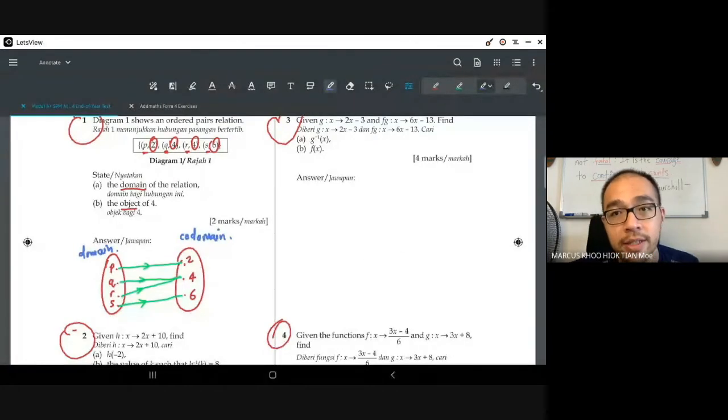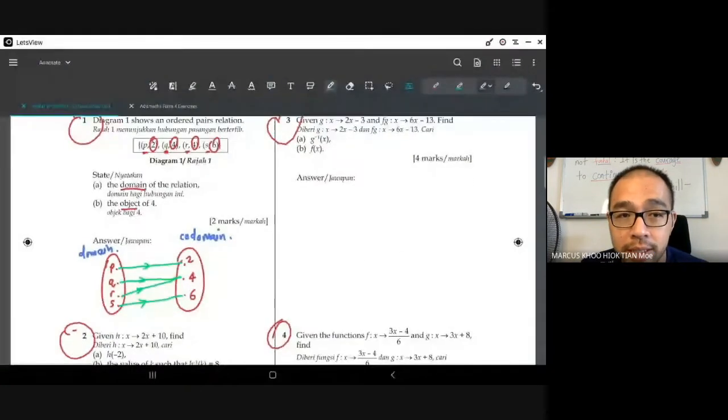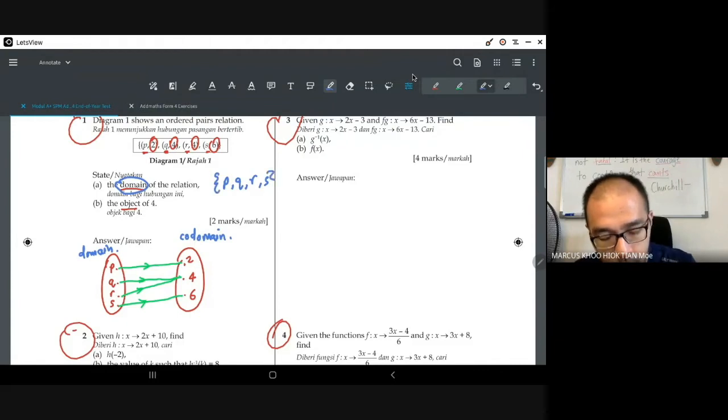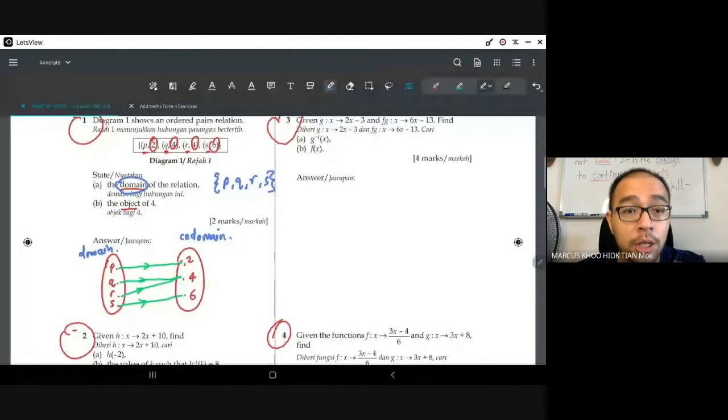Everything on the left is the domain and everything on the right is the codomain. Since they're asking for the domain of the relation, the answer will be P, Q, R, and S. But when we write domain, we need to write the two curly brackets at the side. Okay, if we have to write it, we need to write that.